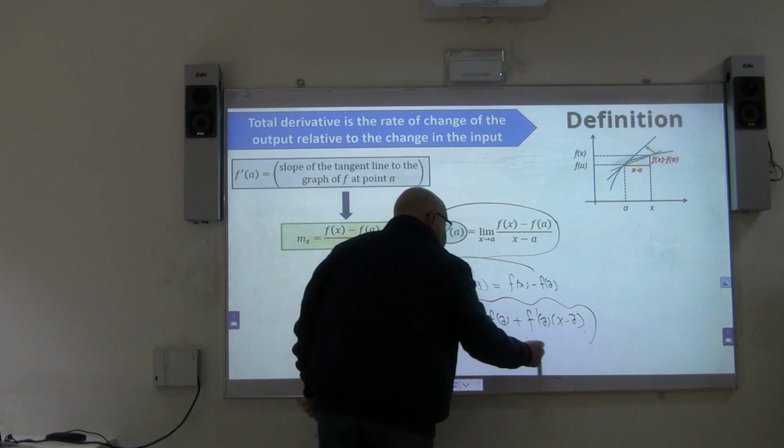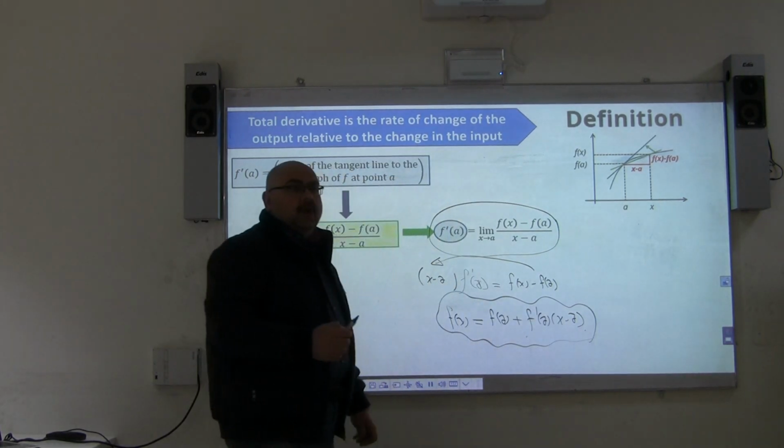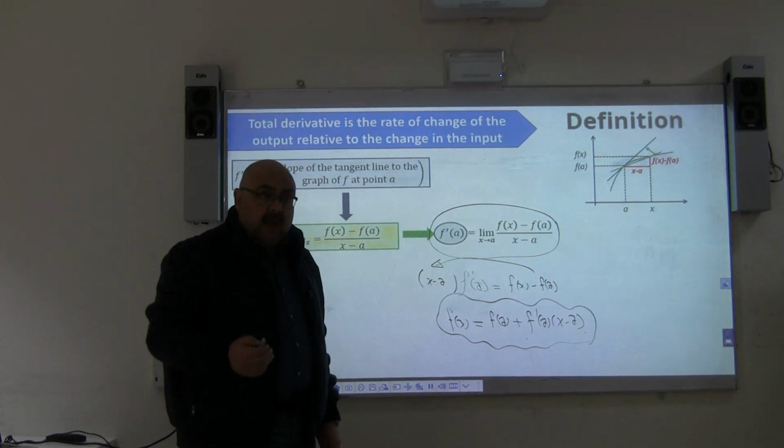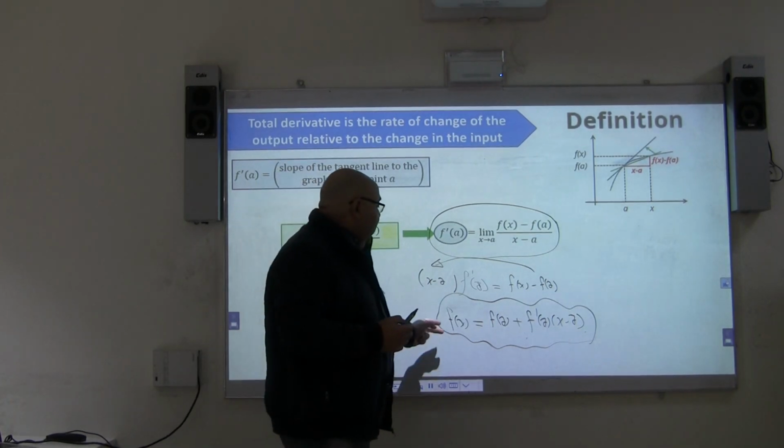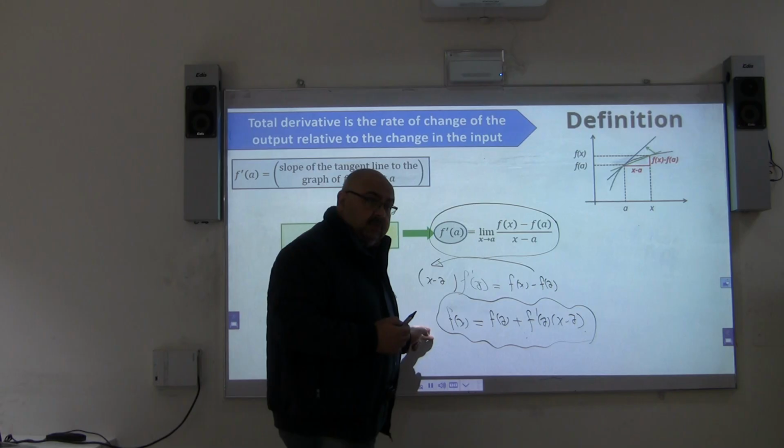This is the equation that we use to find a straight line relative to the derivative if it exists, and that's the main equation that we will depend on.